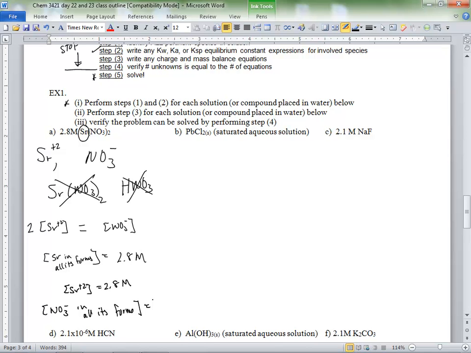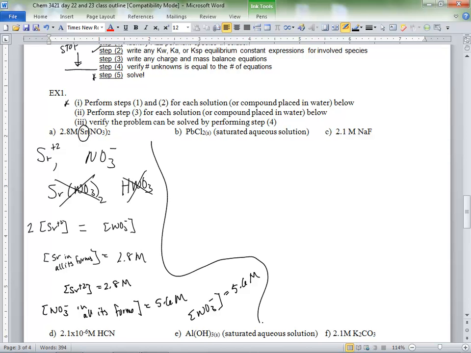It has to equal 5.6. So the concentration of nitrate, that's the only form there is of nitrate, has to equal 5.6. So this first question, you end up with strontium is 2.8 molar, nitrate's 5.6 molar.